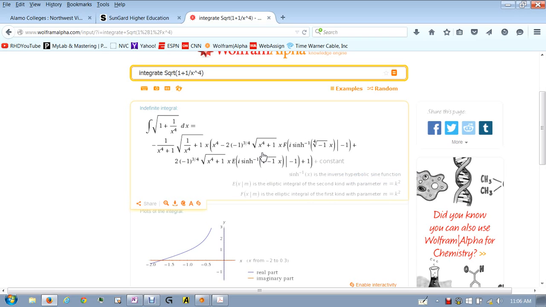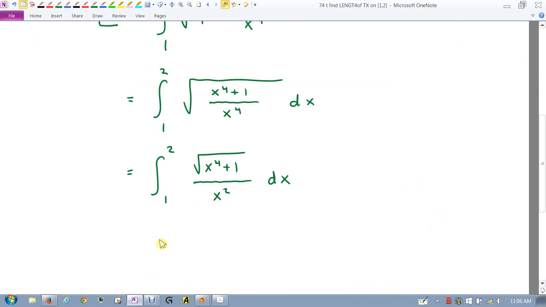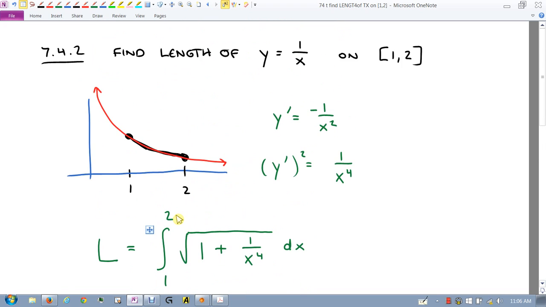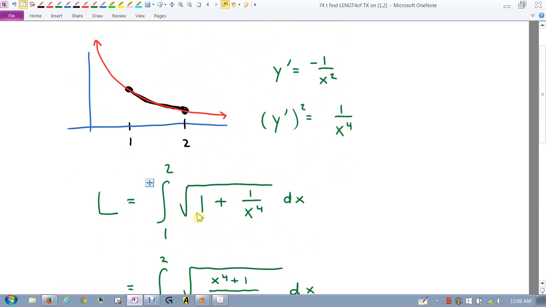So, in other words, this is not an easily integrable function. They're using these weird functions you've never seen before. So the moral, again, of the story is when it comes to arc length, it's a very simple formula. But what you can actually integrate is usually very limited.